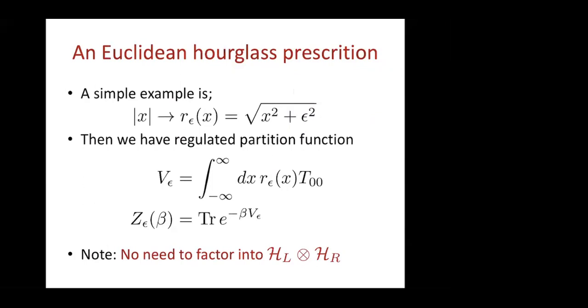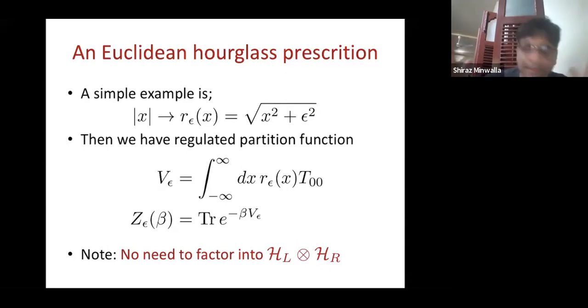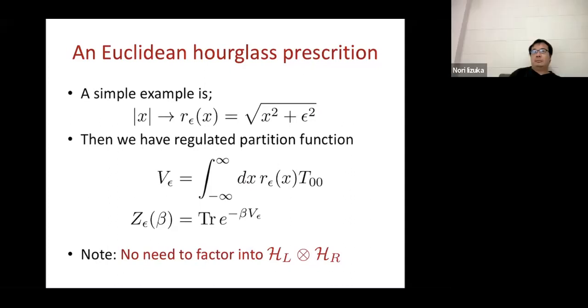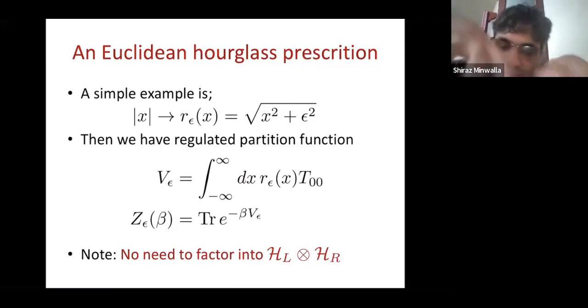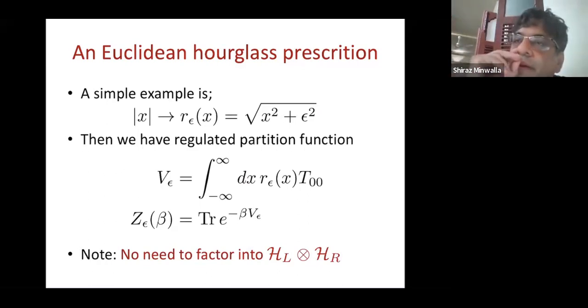Sorry, Nori, I've got probably a very stupid question. If you look at an eternal black hole in Lorentzian space, there are two sides to the geometry. But in Euclidean space, there's normally just one side, so you get a cylinder, like a disk. So it's confusing me why in Euclidean space you have two regions. Right.